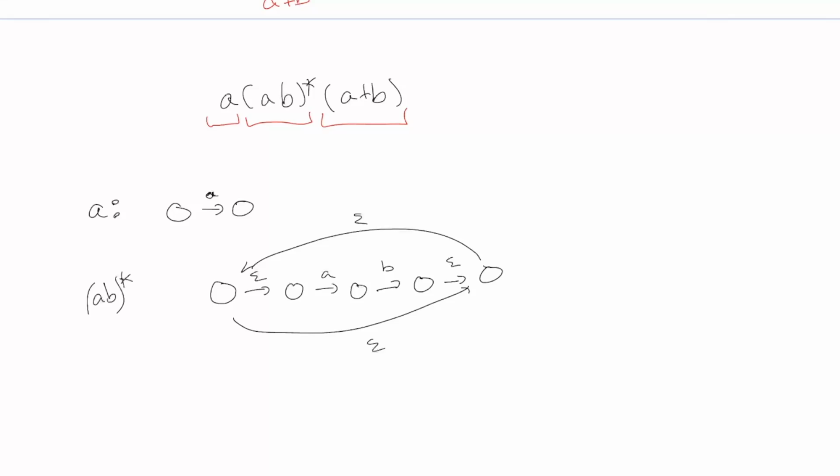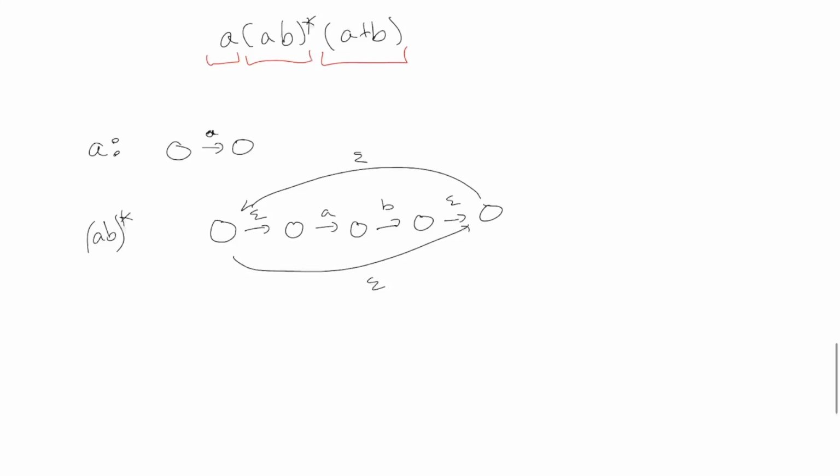This (AB) star would look like that, sort of the burger with AB on the inside. All right? And then we have A plus B at the end, and that is one of those 2 branching paths. That looks like A up there, B down here.